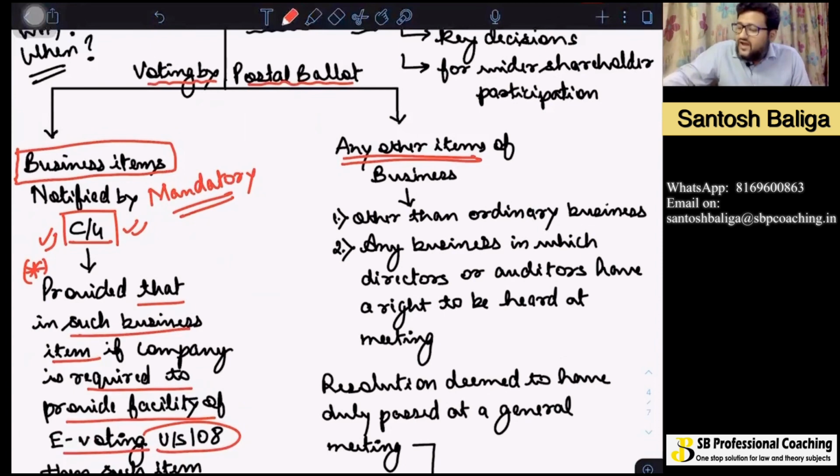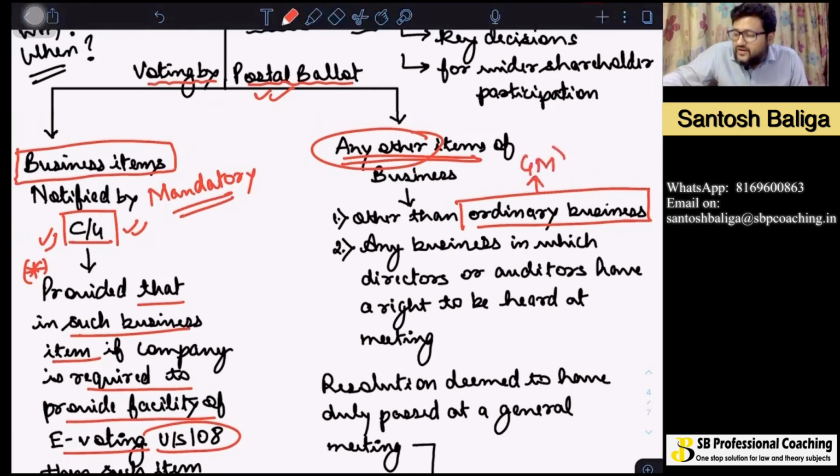Apart from them, any other items also can be done by the company through postal ballot, provided that it is not an ordinary business. Ordinary business has to be done in the general meeting itself, not by postal ballot.